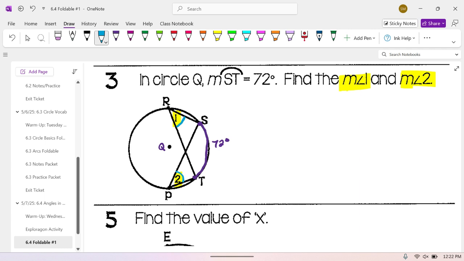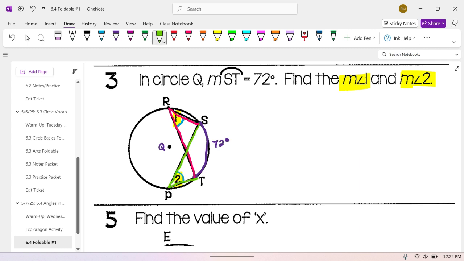What's true about those two angles? What do those two angles share, guys? An arc. All right. Angle 1 would be here. If you look, it forms arc ST. Angle 2 is here.